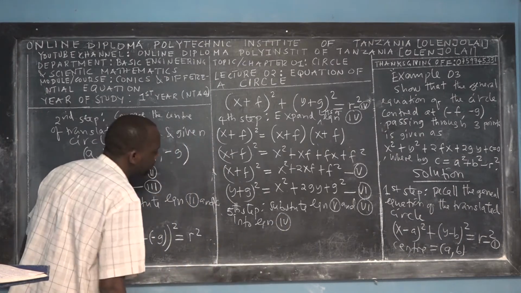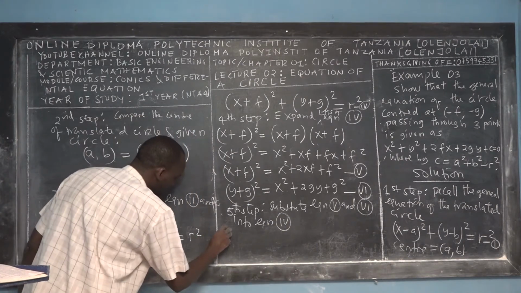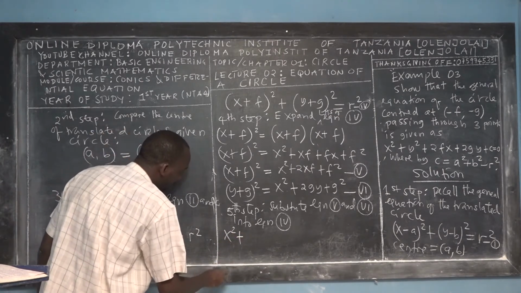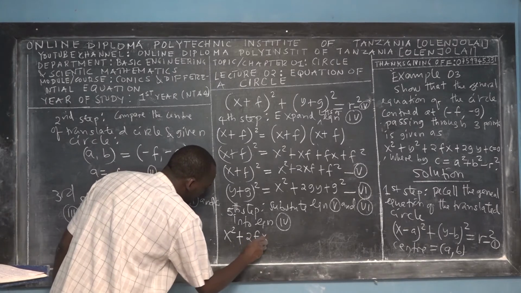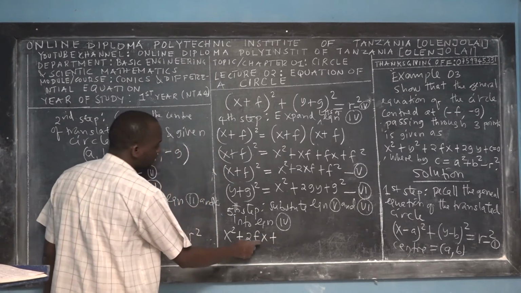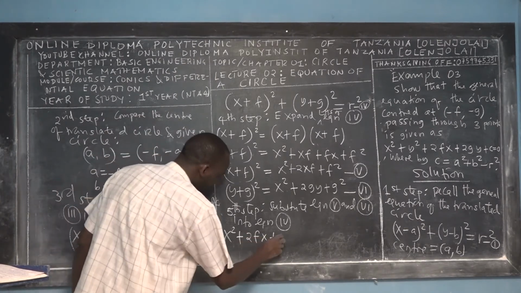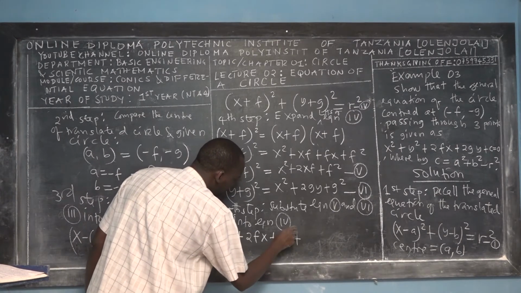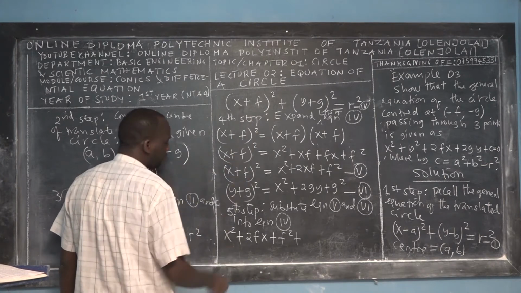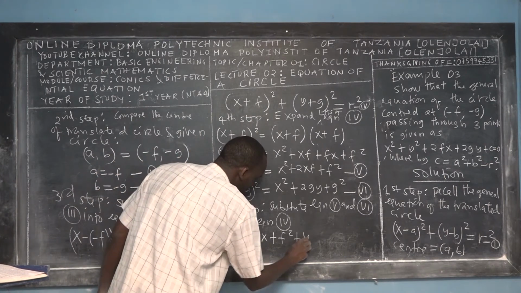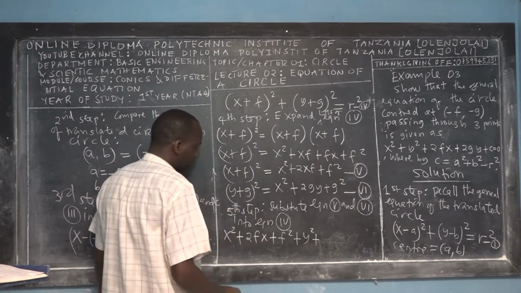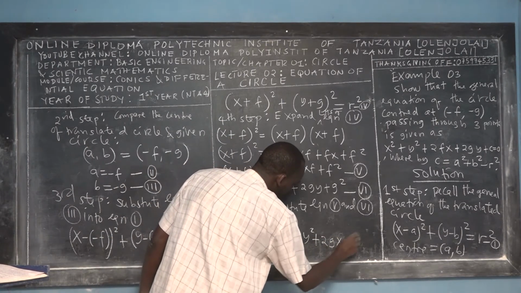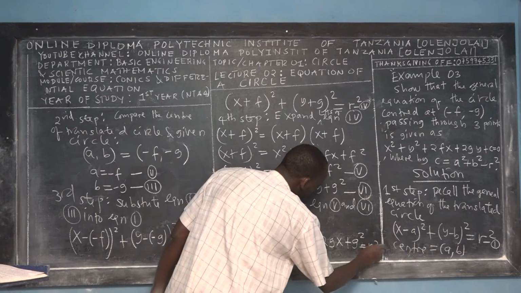So if you substitute, you're going to have a long equation: x squared plus twice fx, because this is the coefficient of x, plus f squared, this is all after expansion of this term, y squared plus twice gy plus g squared is equal to r squared.